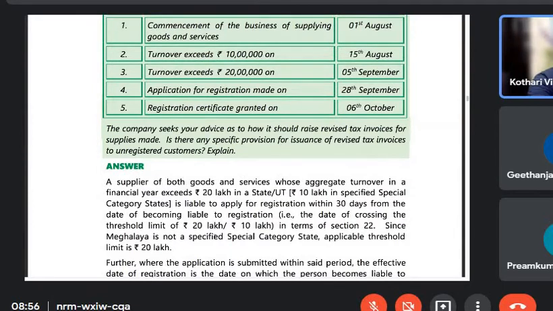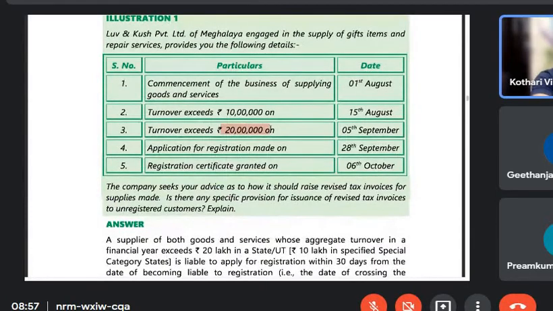Meghalaya is not a specified special category state. Since Meghalaya, though it is a special category state, is not under the specified category state for turnover limit under GST, here the turnover limit is 20 lakh rupees. So it has exceeded 20 lakhs on 5th September.